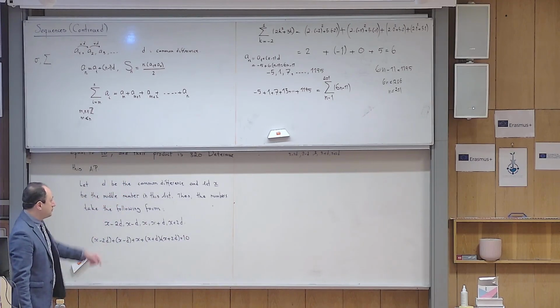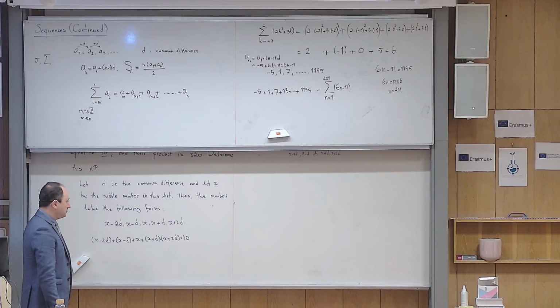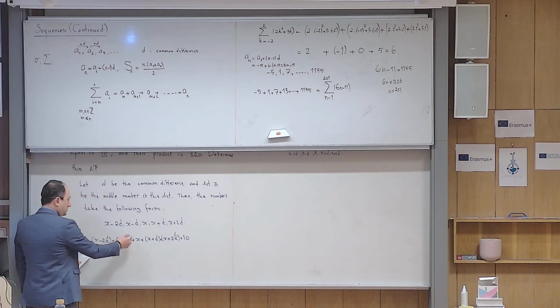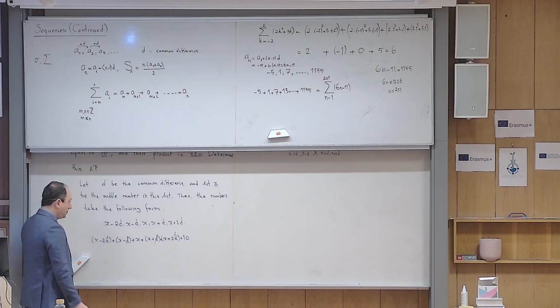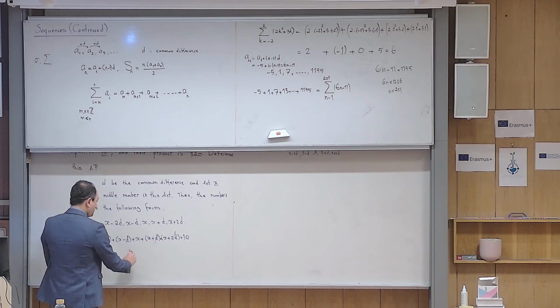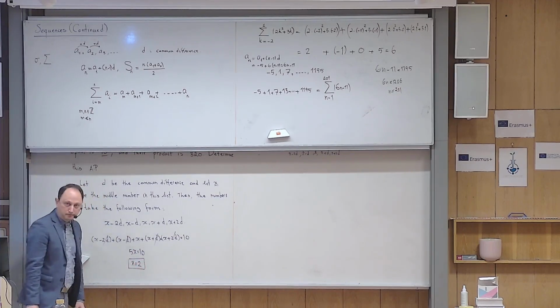But now, because of my wise choice, I don't need to be bothered about D. I can immediately find X. Because by symmetry, this 2D and that 2D are cancelled, this D and that D are cancelled. I am only left with one unknown, and that is X. X 5 times, so 5X is equal to 10. So I realize what the middle term is. The middle term is nothing except 2.